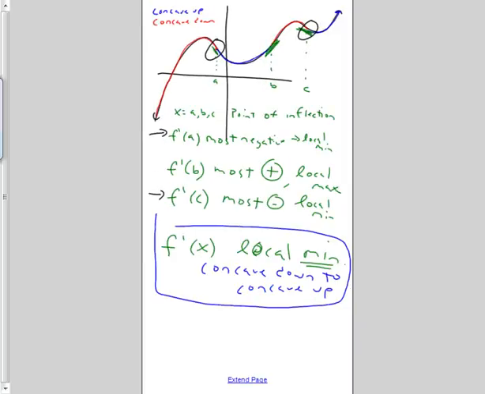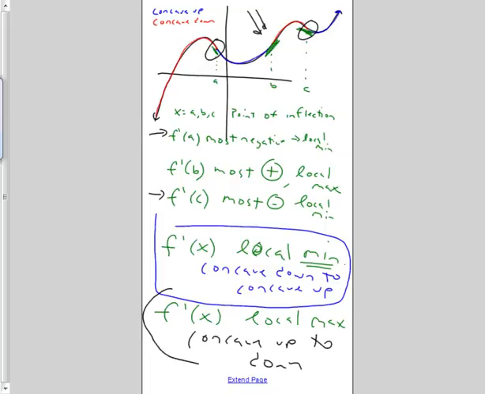Similarly, when f prime of x has a local max, like it does here, we're going from concave up to concave down, and this will always be the case. So now we can start recognizing a relationship between the concavity and the derivative function. When the derivative function has a local min, it goes from concave down to concave up. When the derivative function has a local max, it goes from concave up to concave down.